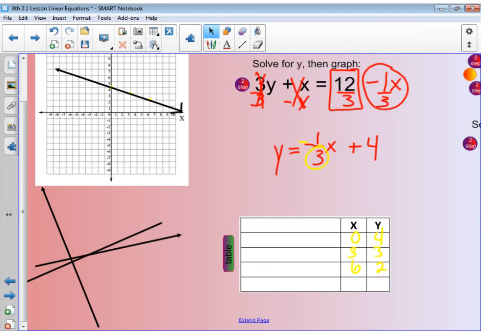Okay, so that's what you should have ended up with when you graphed through that equation.